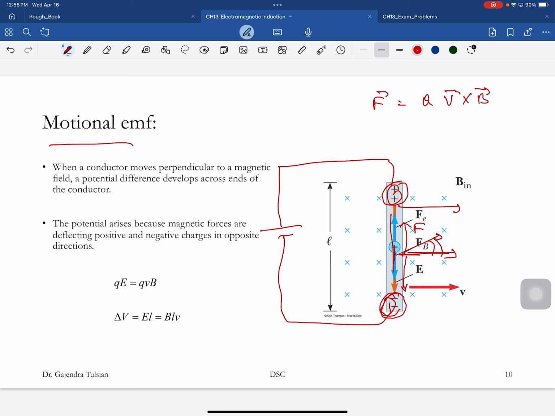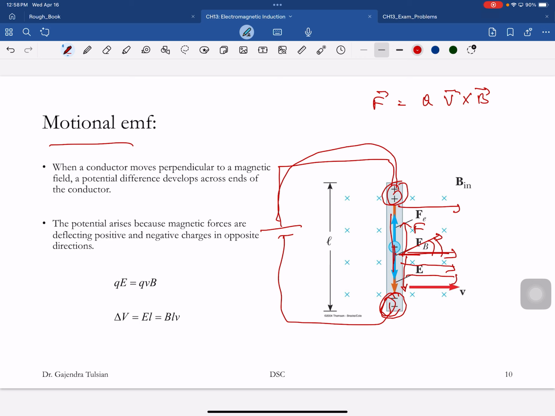So what's going on? It turns out that you have to apply a force to keep this thing moving. So the work you're doing is being converted to electrical energy. Just like that generator. Remember, you needed to do work to turn that coil.